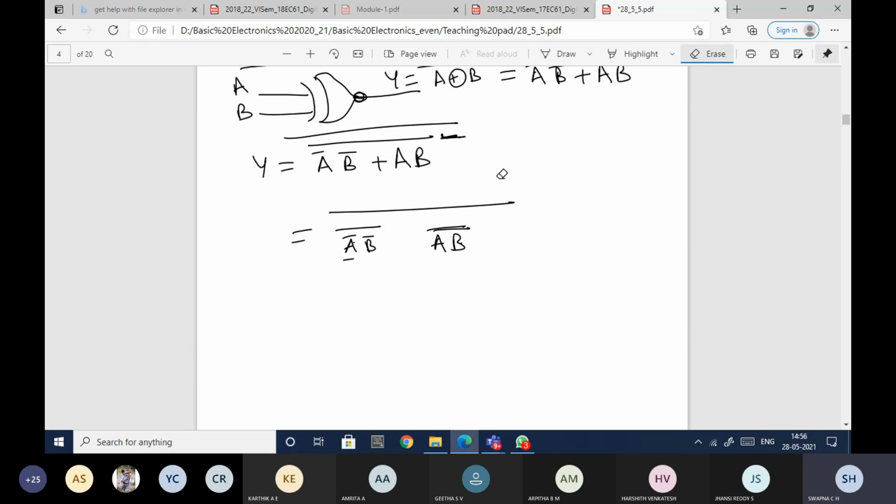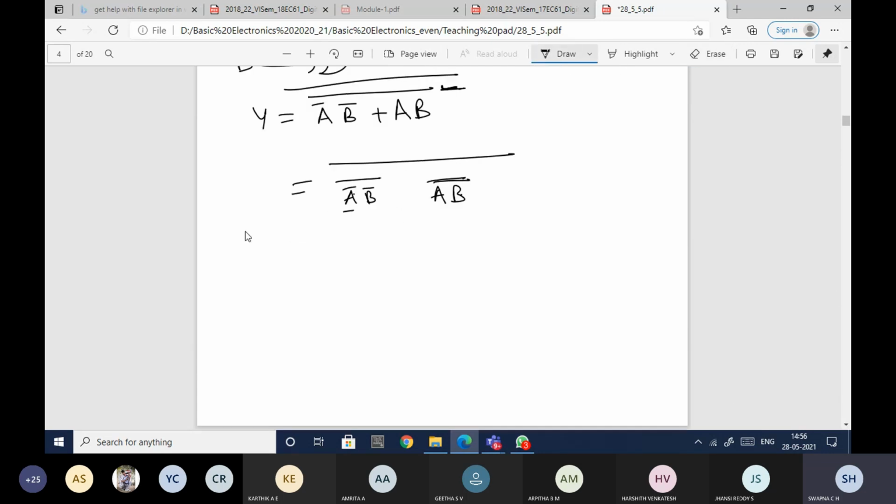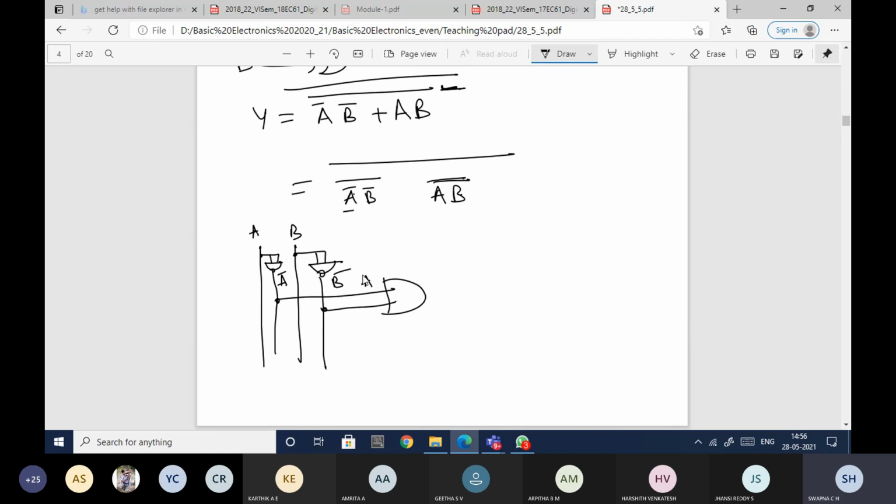So in order to get this, I'll just take A. This is A, B. I want A bar, so I'll take one NAND gate so that this will be A bar. I have B, so I'll take one more NAND gate so that I'll get B bar. Okay, so (A bar dot B bar)whole bar. This is A bar. See, when you are drawing, see to it that the lines won't go inside.